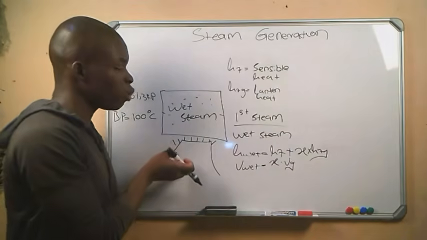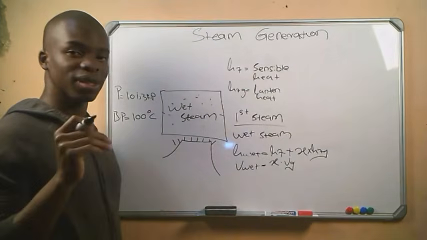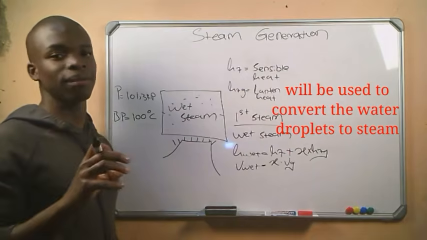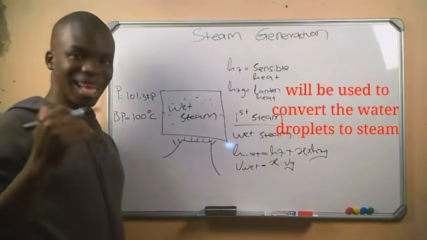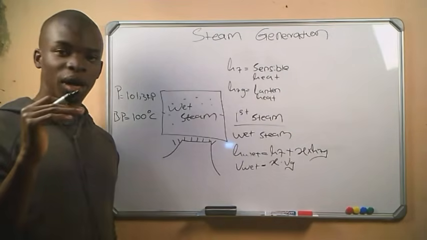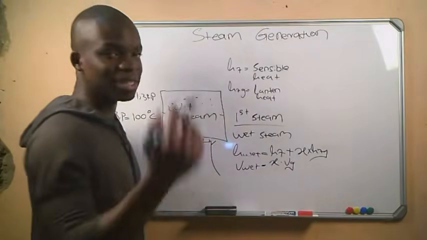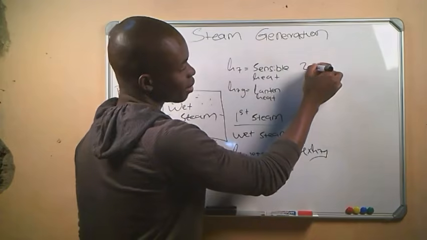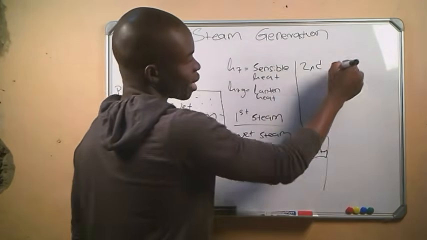The heat that will be added into this steam will be used to turn the water droplets inside that steam to steam, so that we now have pure steam without water droplets. And that is the second steam that is going to form from our steam, and it is called dry steam.